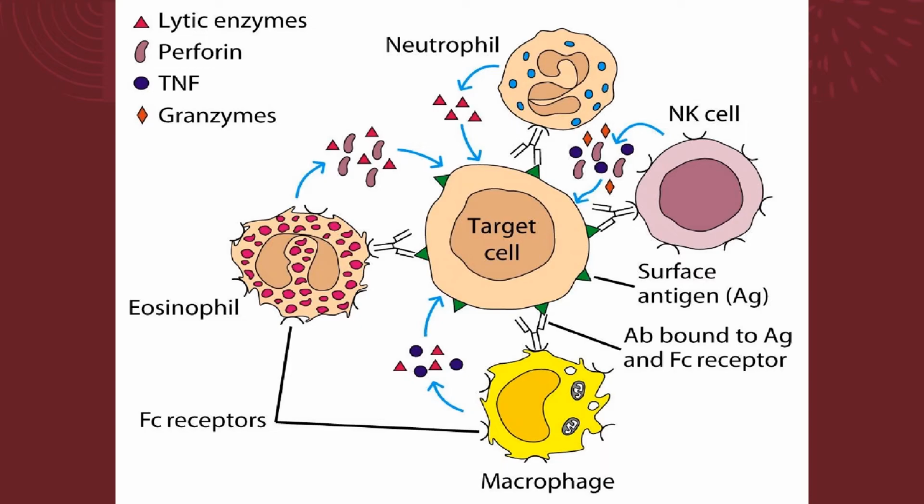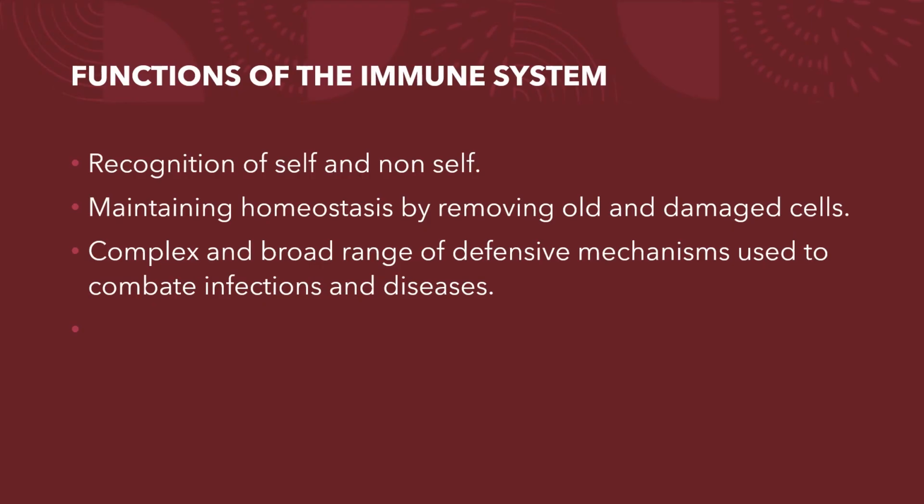Natural killer cells attack the target cells directly and kill the infected cells. Functions of the immune system: recognition of self and non-self antigens, maintaining homeostasis by removing old and damaged cells, and a complex and broad range of defensive mechanisms used to combat infections and diseases.